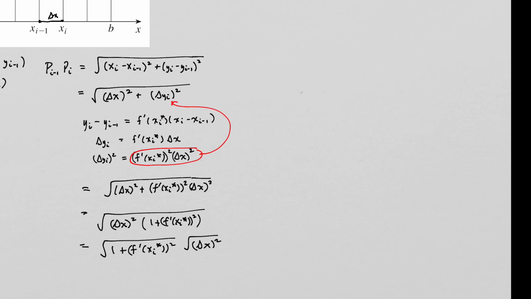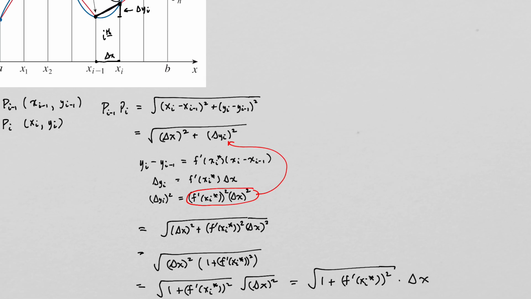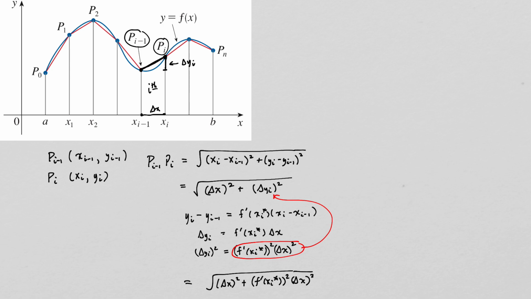But the square root of delta x squared is simply delta x. So we end up with the square root of 1 plus f prime of x i star squared multiplied by delta x. And that is how long the piece is from here to here.